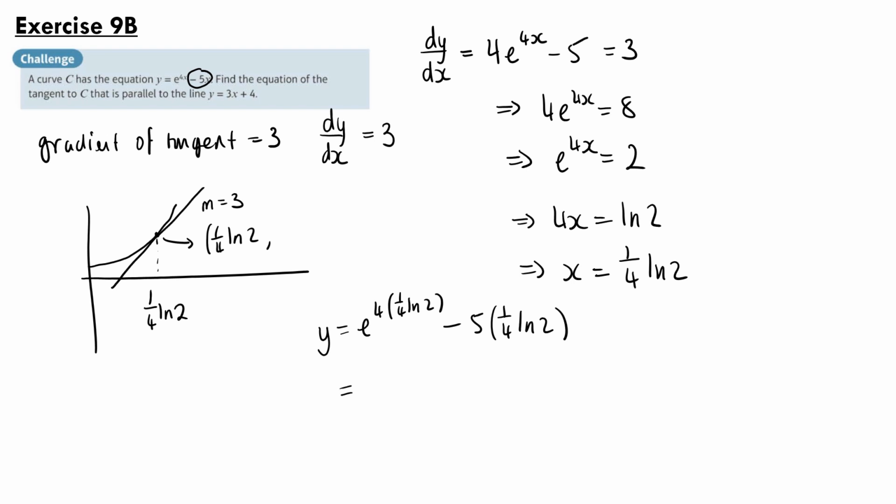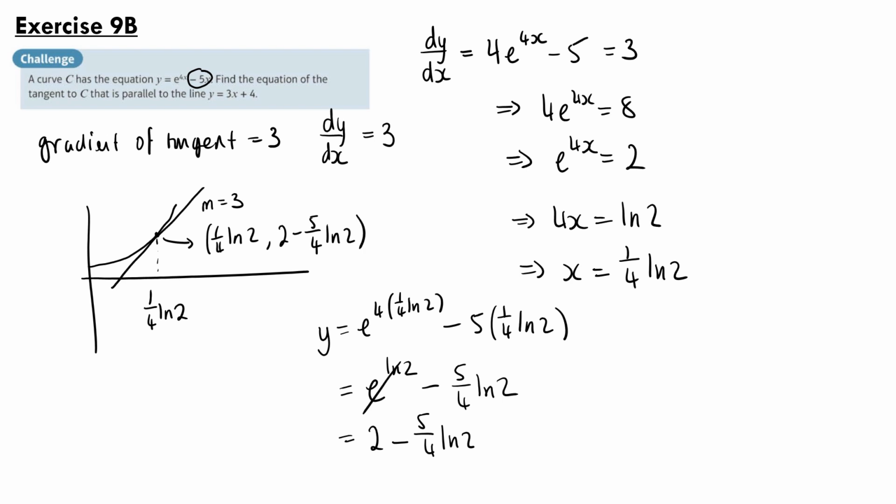Simplifying this e bit, we're going to have e to the power of just ln 2, which is just 2, cancelling out the e and the ln. Then we're going to have minus 5/4 ln 2. So the y coordinate is then going to be 2 take away 5/4 ln 2.